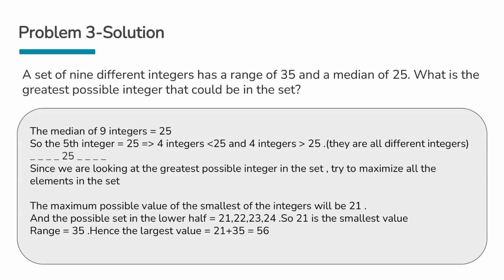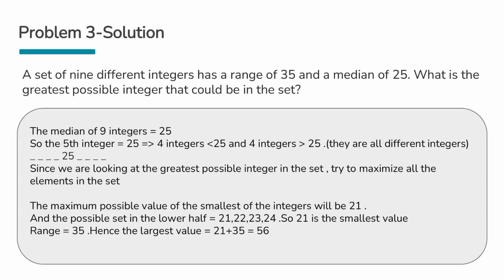For the first half of the data set, it could be like 21, 22, 23, 24. To get the maximum value in the last element, the first part of the data set you need to minimize as low as possible. Clear? That is one rule.